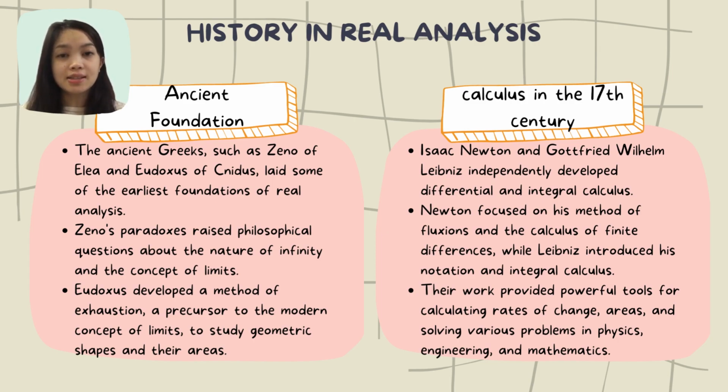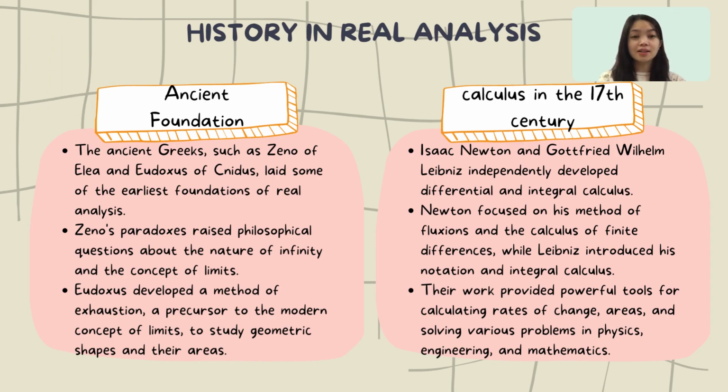Real analysis has its roots in classical Greece, where philosophers like Zeno of Elea and Eudoxus of Cnidus laid the foundation. Zeno's paradox raised philosophical questions about the nature of infinity and the concept of limits, whereas Eudoxus developed the method of exhaustion, a precursor to the modern concept of limit, to study geometric shapes and their areas.